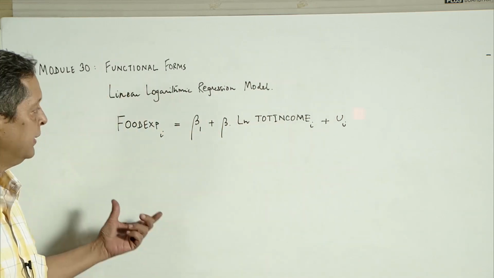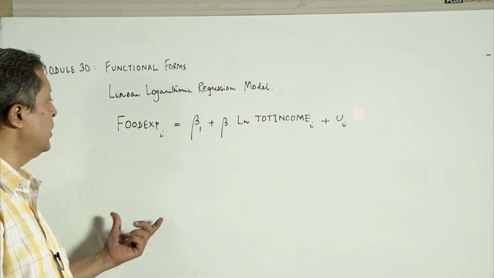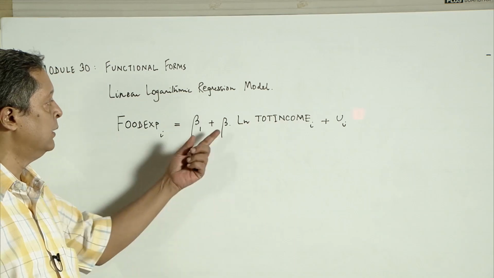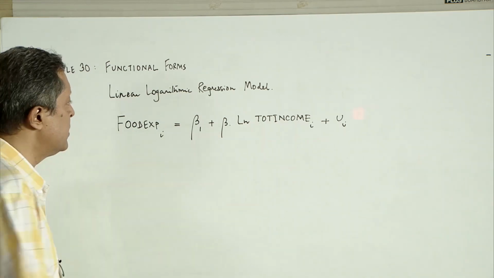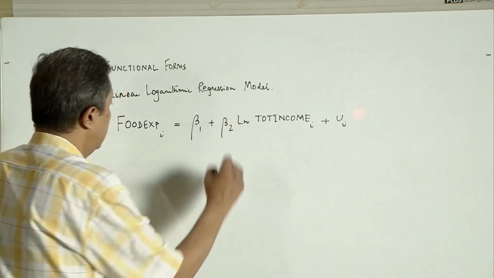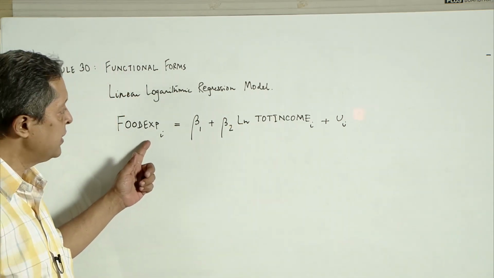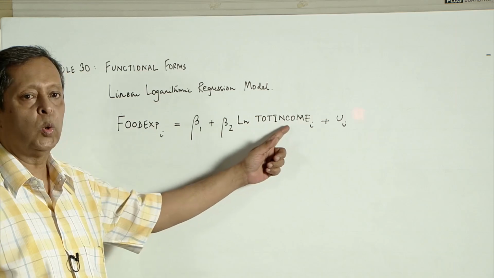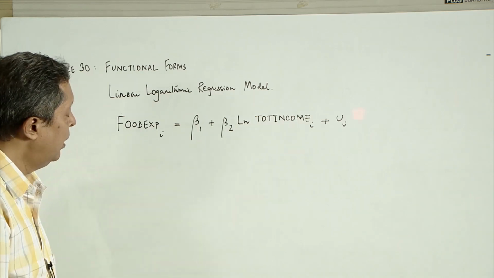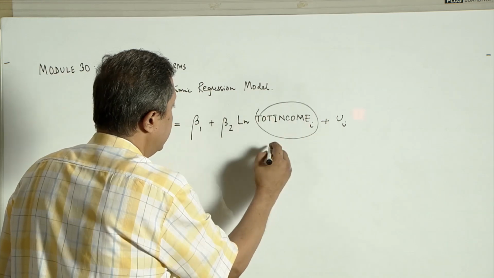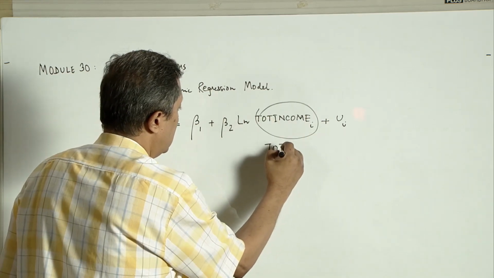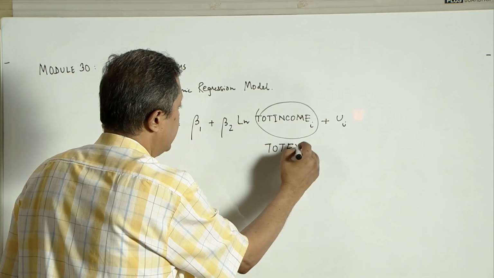As you would have noted, this is a simpler case. Earlier we had price regressed on two variables, square feet and number of bedrooms. So, here we have food expenditure regressed on the logarithm of total income. If total income is not available, then we can use total expenditure.